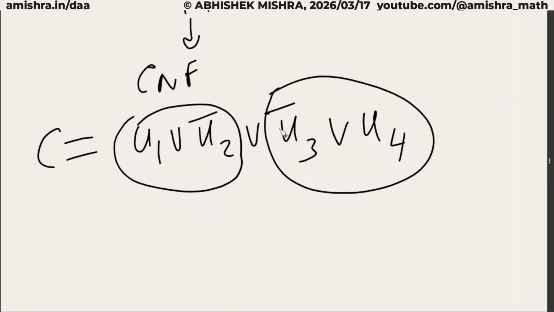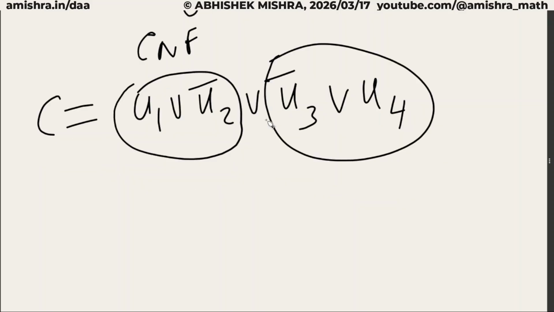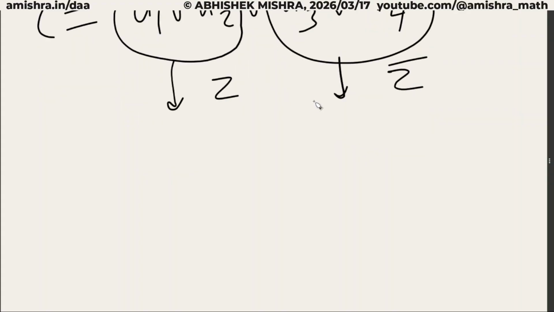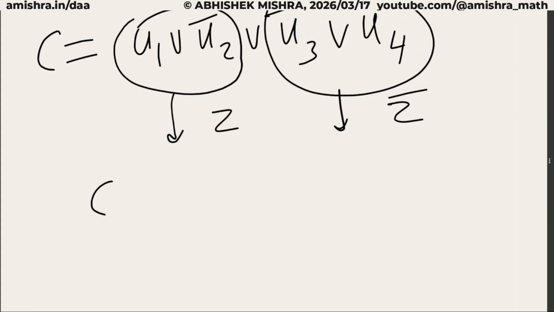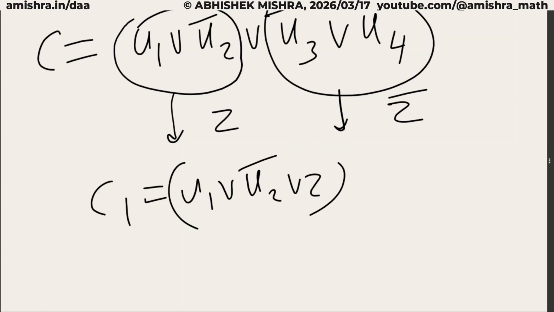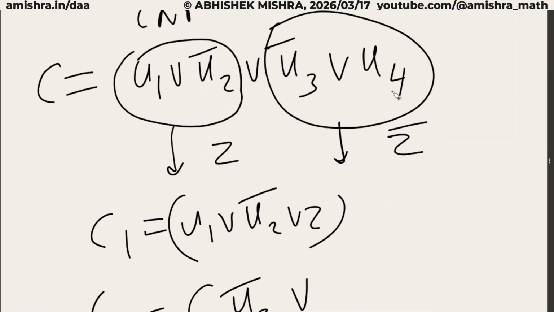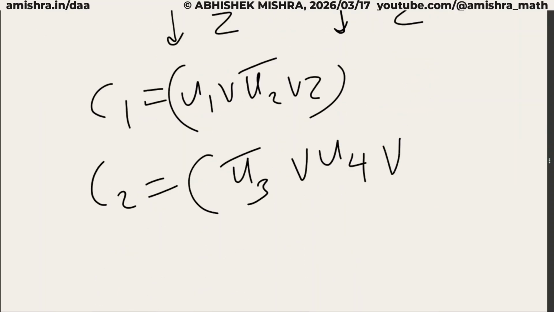So for each half we add an extra variable, call it z. For the first half we add z, for the second half we add the complement of z. So we make two clauses: c1, u1 or not u2 or z, and c2 for the second half, not u3 or u4 or not z.